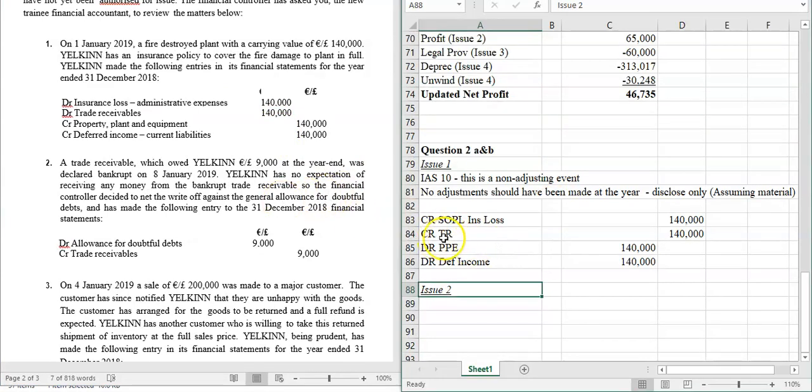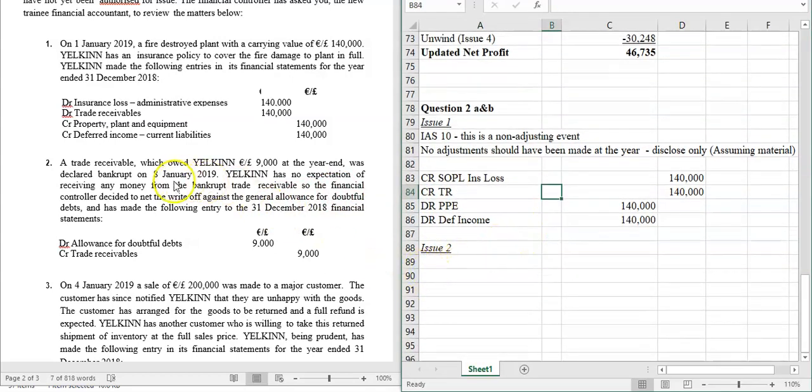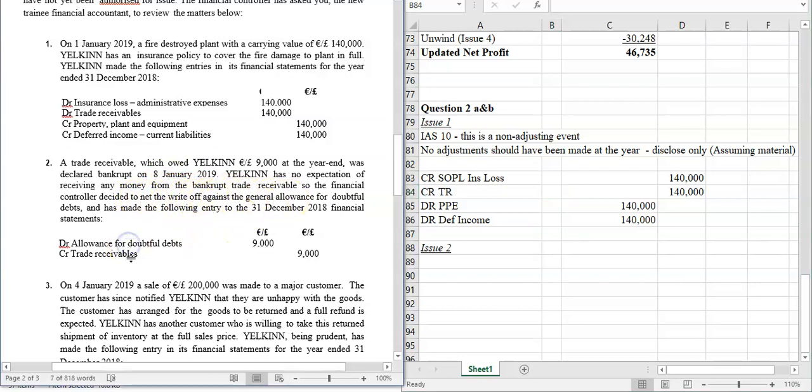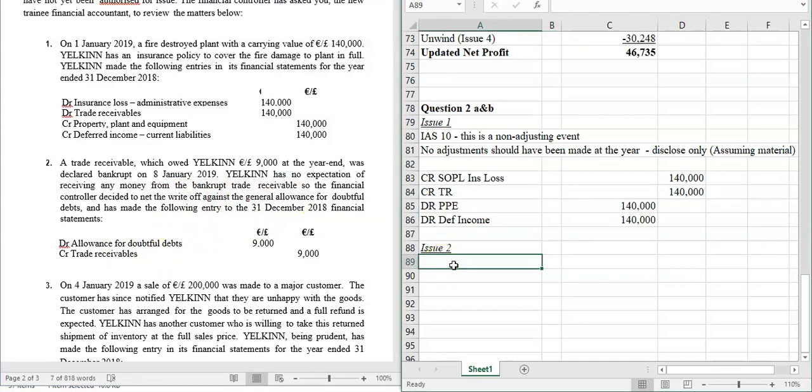So the next one we're told relates to Yelkin's trade receivable of 9,000 that was owed at the year end. The customer was declared bankrupt on the 8th of January, and they have no expectation of receiving any money, so they decided to net the write-off against the general allowance. That's what they've done at the year end. Now this here, the post-year end bankruptcy of a customer, is an adjusting event.